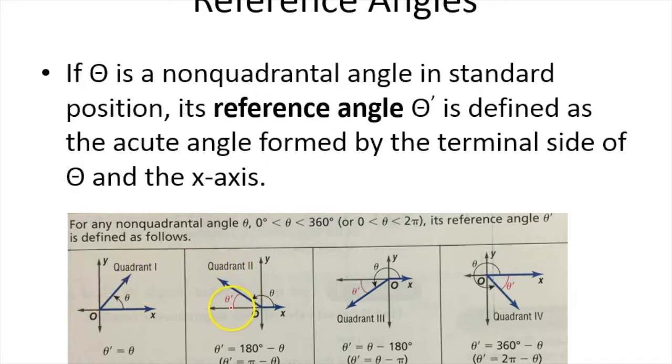If you're in quadrant 2, you're taking either 180 minus theta or pi minus theta, depending on if it's in degrees or radians. And then in quadrant 3, you use 180 as that reference, but it's going to be the angle minus 180, so just flipped from what we talked about in quadrant 2. And then for quadrant 4, we're using the x-axis again, so either 360 or 2 pi as we make our way back to 0.